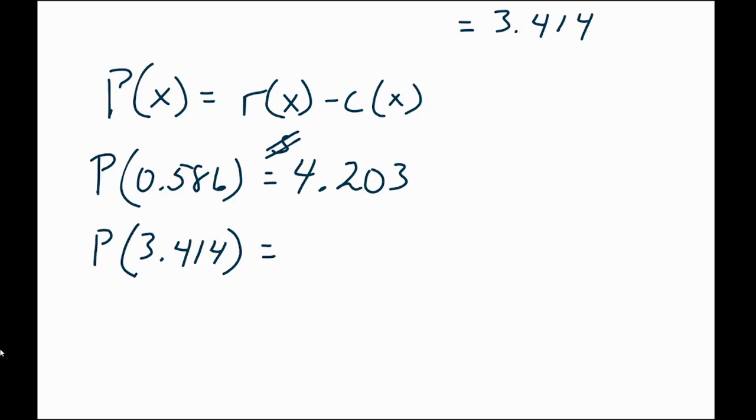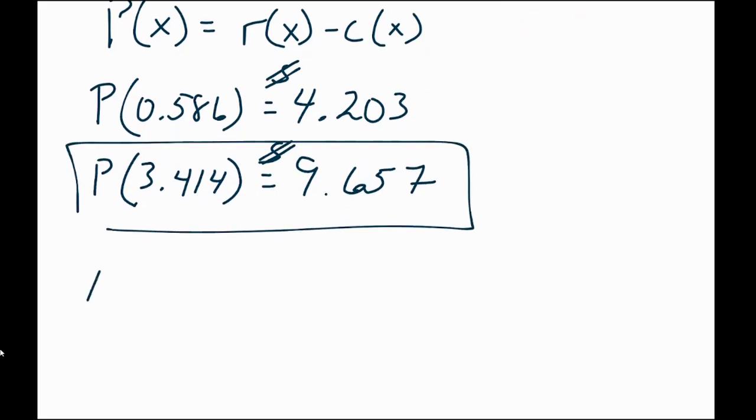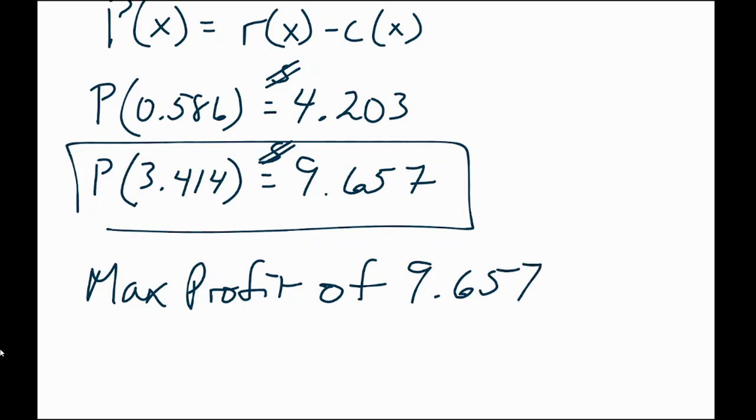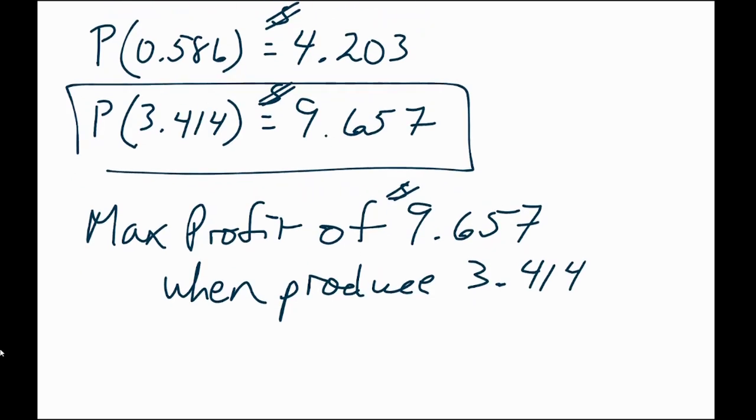Again, we're plugging that into the revenue minus cost equation, and that one comes out to be 9,657. Well, you tell me which one is the maximum. It's going to end up a maximum profit of the 9,657 when we produce 3.414 of whatever it is we're making here.